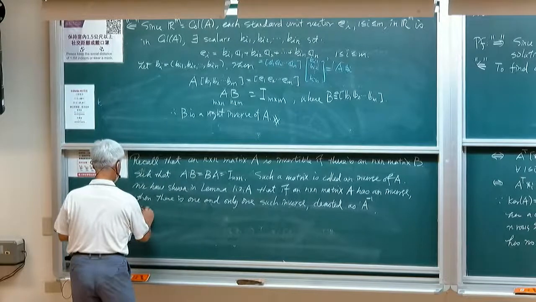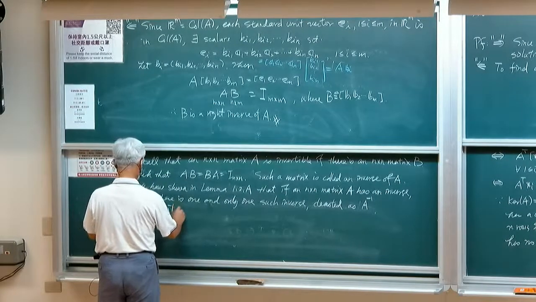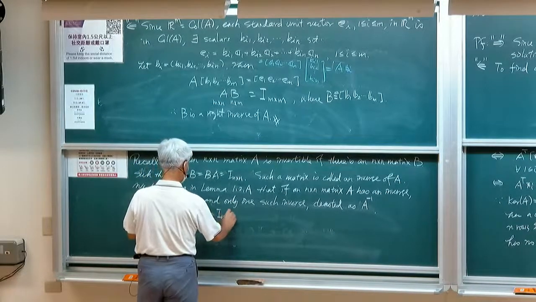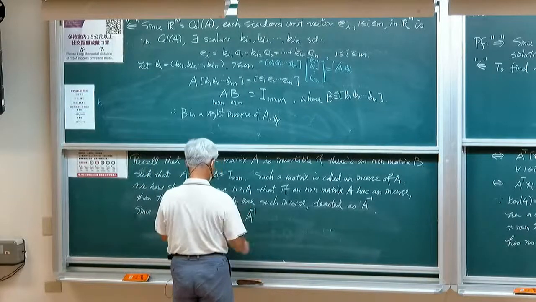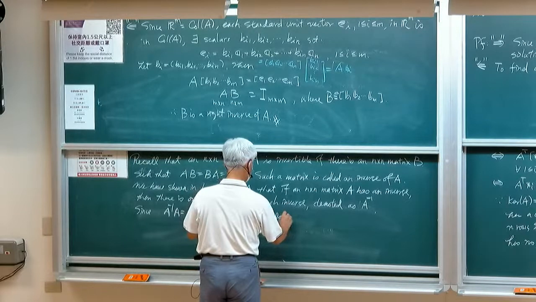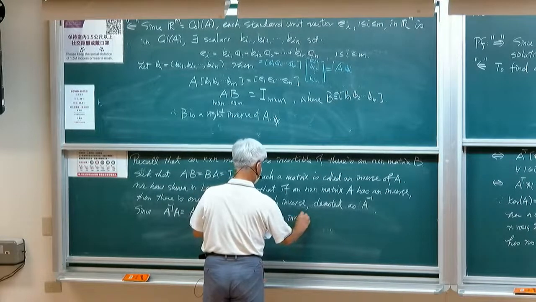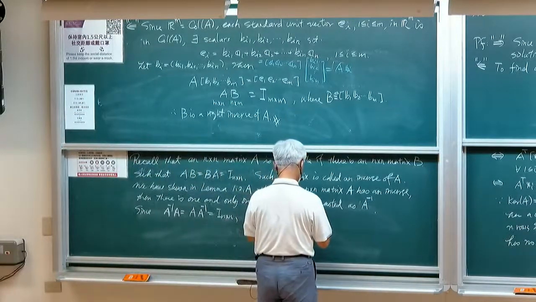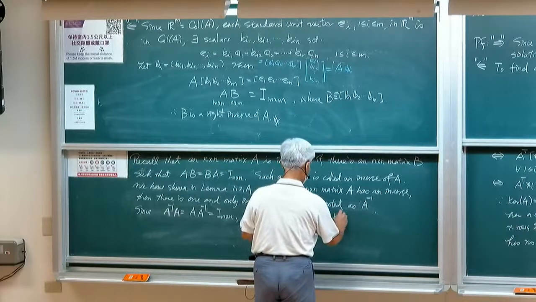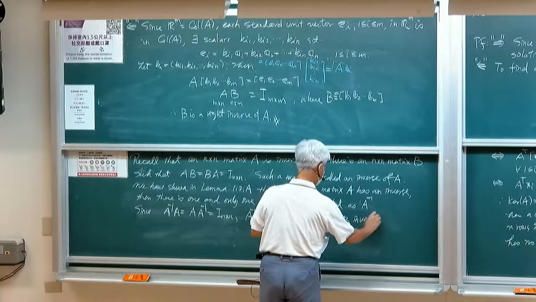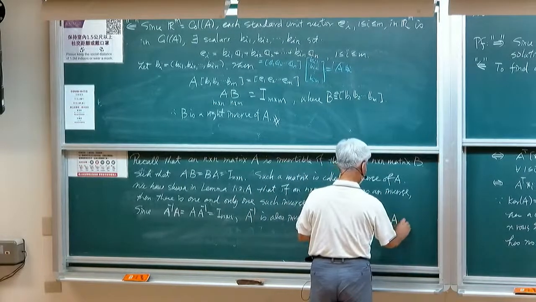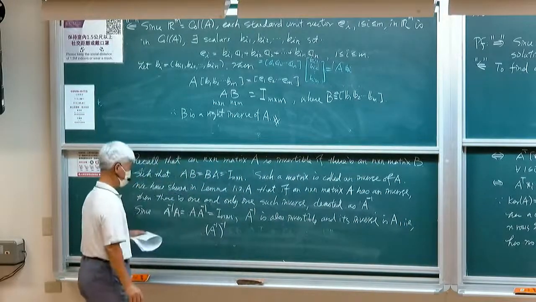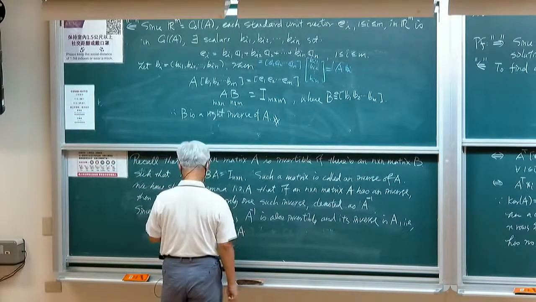Also, since A inverse A equals A A inverse equals the identity, A inverse is also invertible, and its inverse is A, i.e. the inverse of A inverse is A.